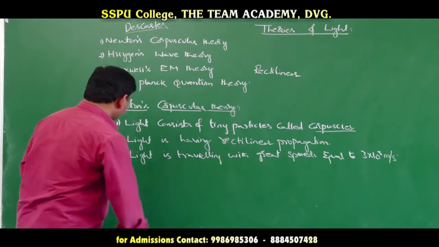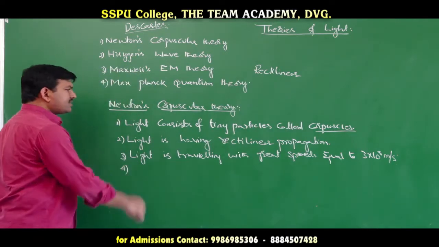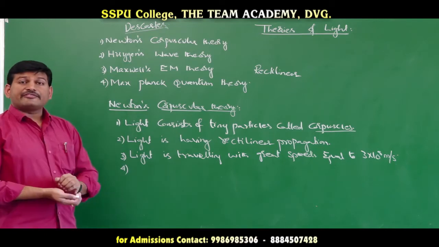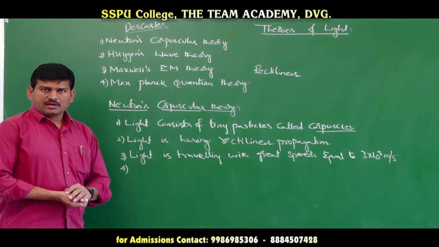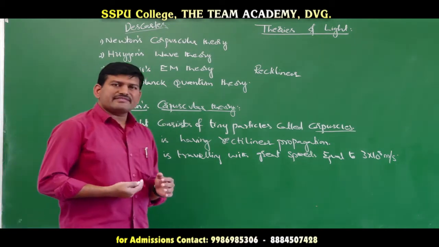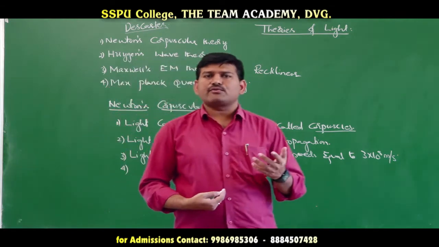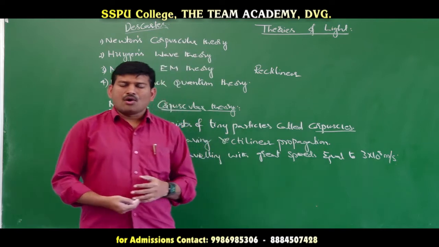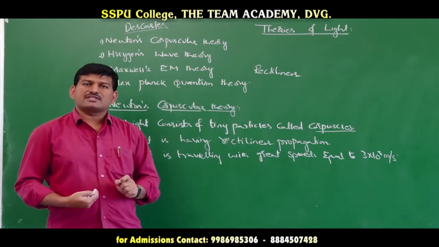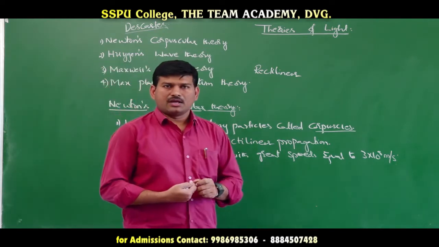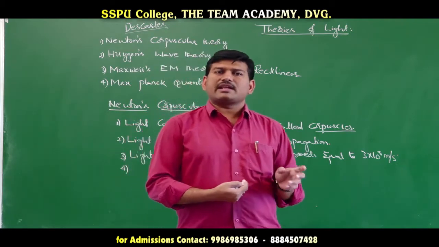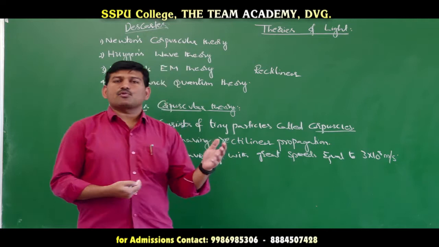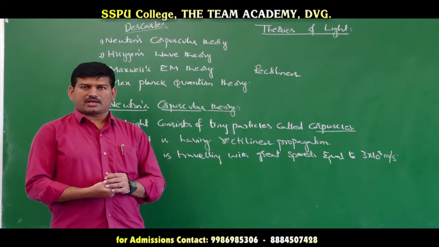Next, according to Newton's corpuscular theory, in which medium does light travel faster? Here we have to consider the optical medium. What is an optical medium? An optical medium is a medium through which light can propagate. For example, light can propagate through water, so water is an optical medium.